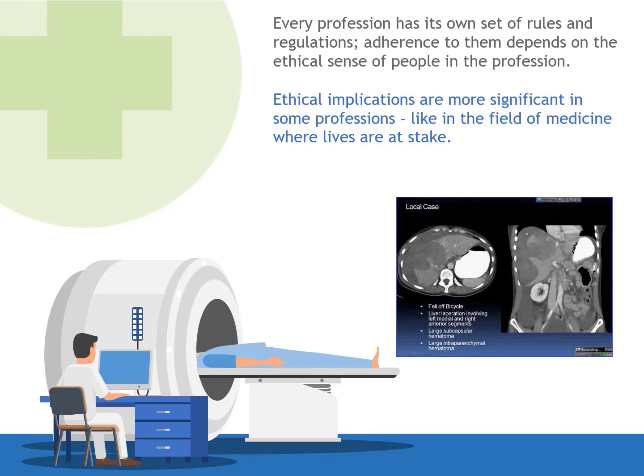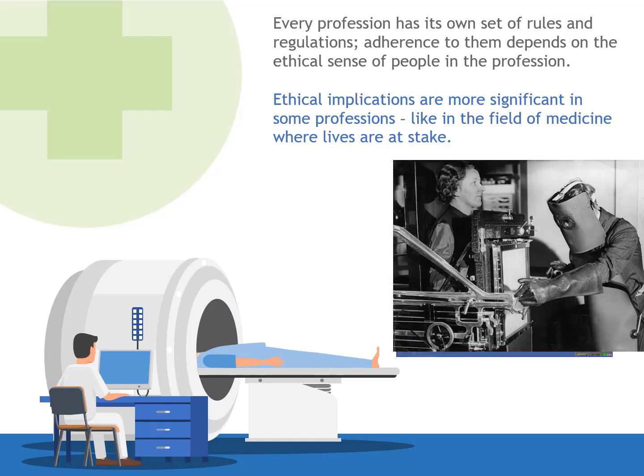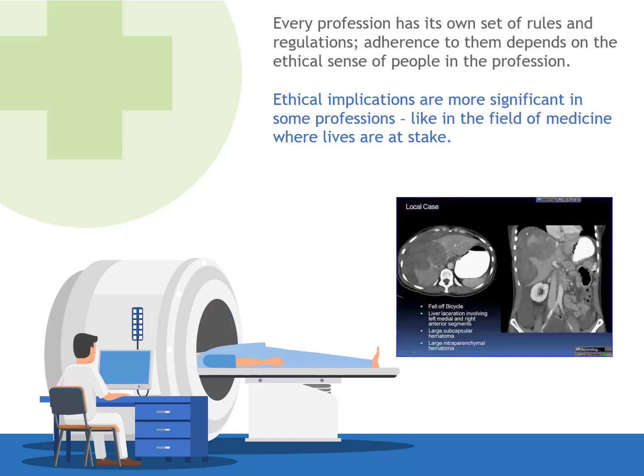Every profession has its own set of rules and regulations, and adherence to them depends on the ethical sense of people in that profession. And sometimes the rules change to reflect society's current status or to reflect the evolution of the practice of medicine. Ethical implications are more significant in some professions, like in the healthcare field, where lives are actually at stake based upon our ethical decisions.